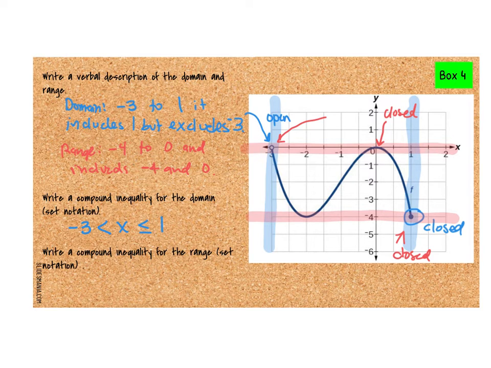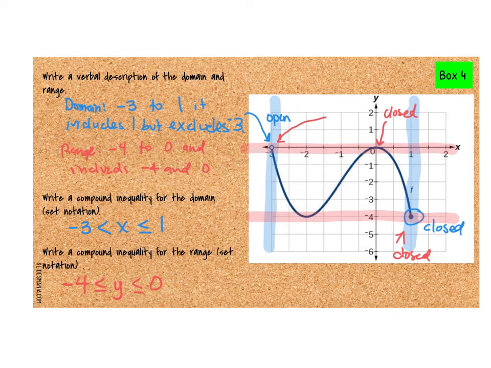My range is basically from the lowest, which is -4, my variable is y, to my highest, which is 0. And again, in this case, it includes both -4 and 0, so we have less than or equal to, less than or equal to. And that's it for the notes, ladies and gentlemen.